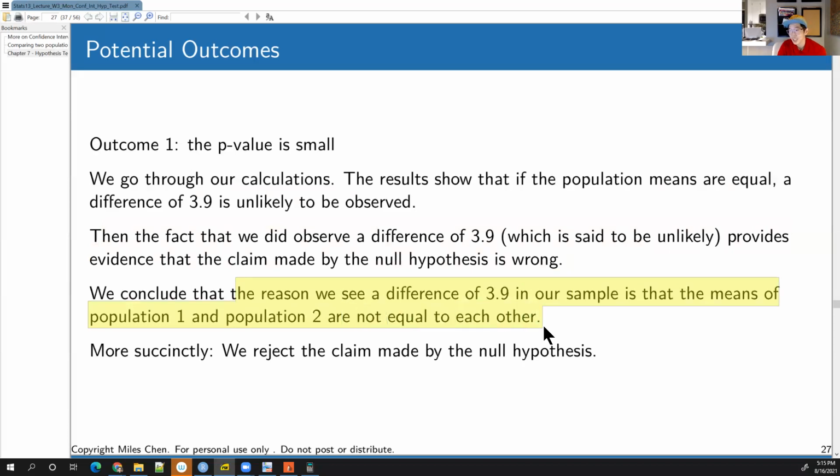That's a lot easier to grasp and understand than to say, no, the two populations do have an equal mean, and we just got this 1 in 1,000 really lucky scenario where our difference ended up being 3.9. So we're going to say the two populations have different means, and so we're going to reject the claim made by the null hypothesis. We're going to conclude that the two populations have different means.